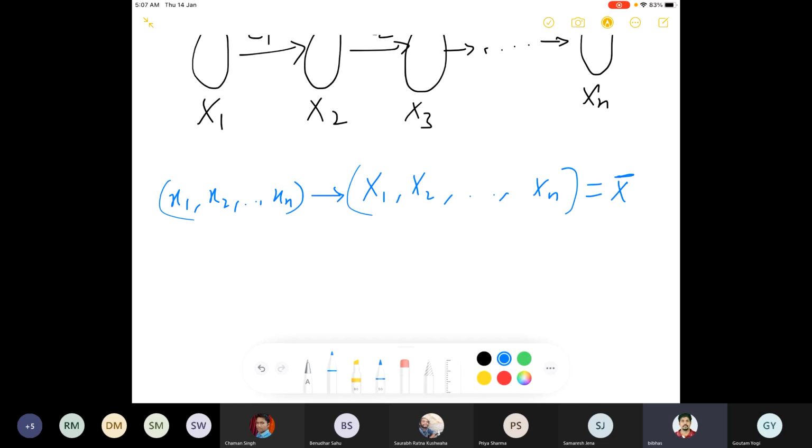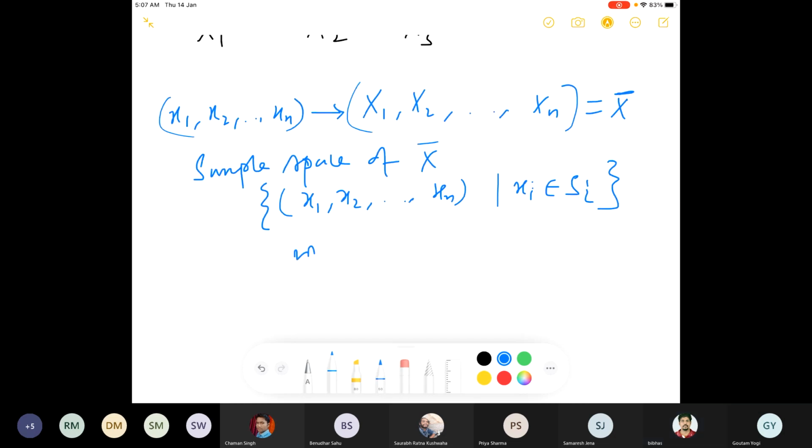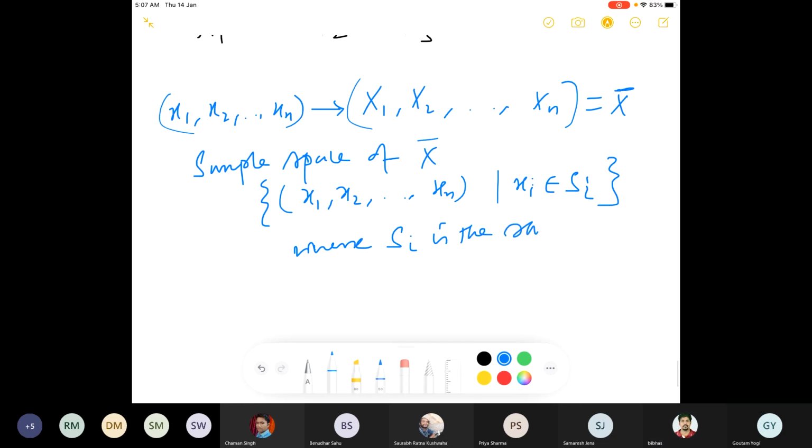Okay, so basically the sample space of x bar is all these n-tuples x1, x2, dot dot dot, xn, such that xi belongs to Si, where Si is the sample space of Xi.